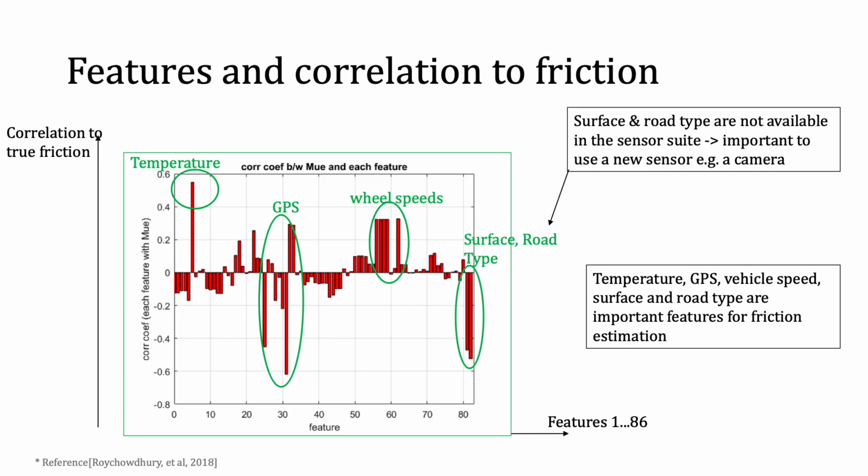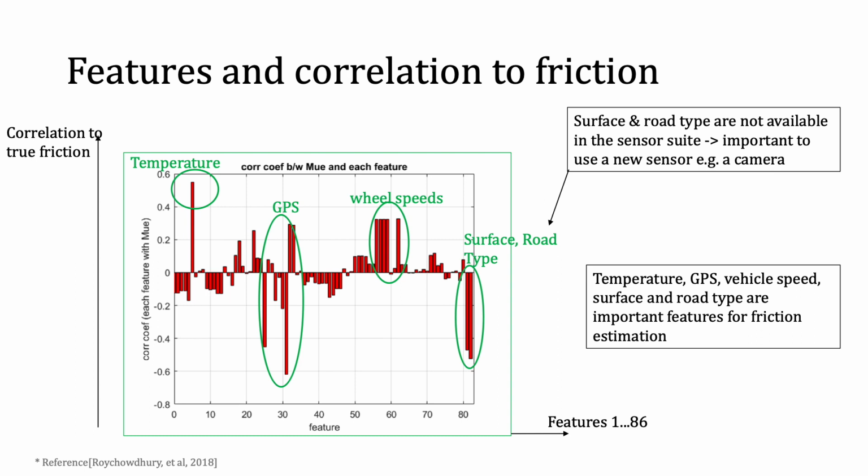This is a project at Volvo Cars where they attacked the friction estimation problem with machine learning. They had access to more than 100,000 kilometers of data, also annotated data, where people sat in the vehicle and manually noted if it was high or low friction.